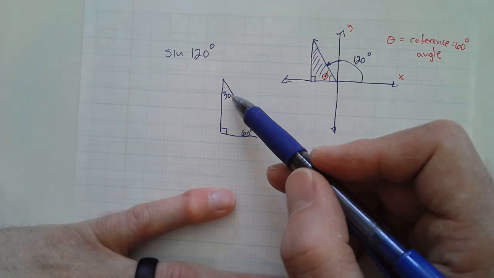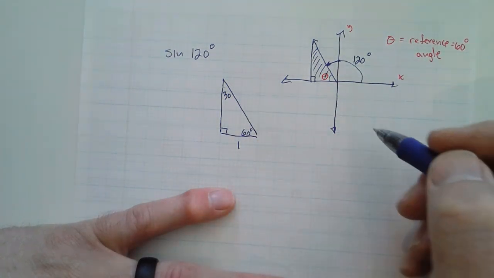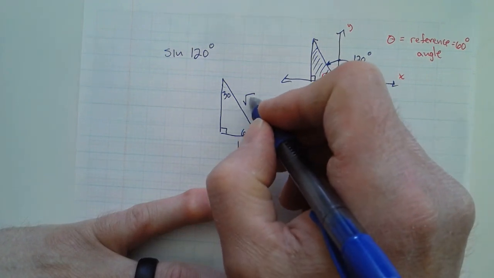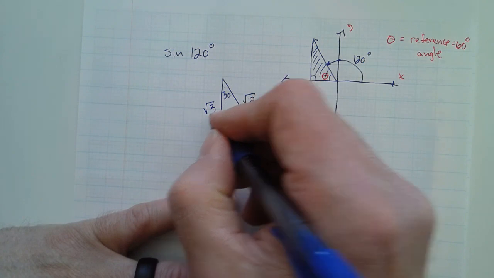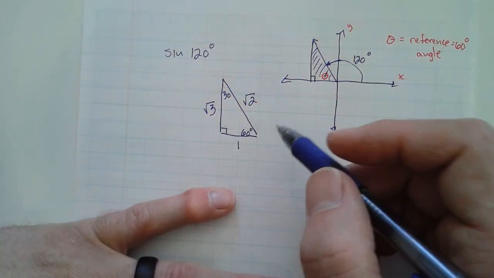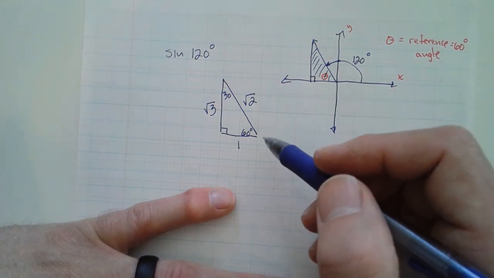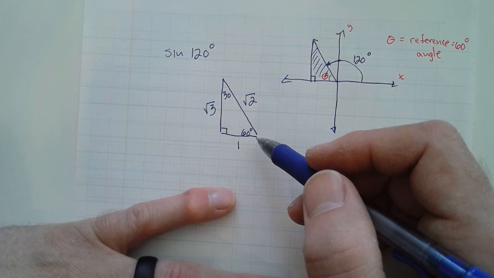Okay, so now across from 30 is my short side. I will make that 1. Double it to get the hypotenuse. Multiply the short side times the square root of 3 to get the other side. Now, on these types of problems, you're going to do something that you've been told not to do. Distance can actually be negative.